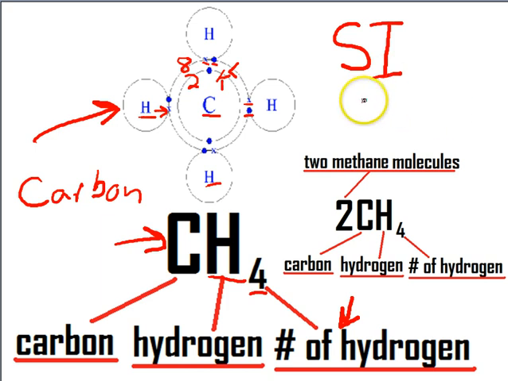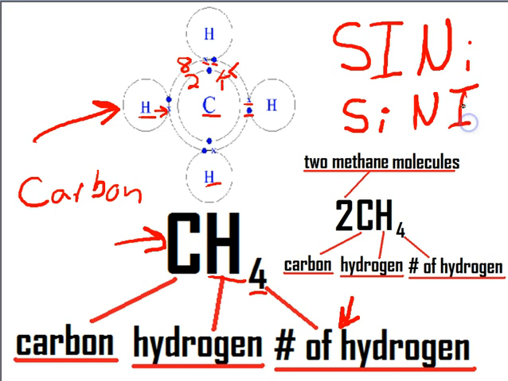Well, silicon is actually large S, small i. That's pretty important to know. Large S, large I is actually sulfur and iodine. One that's really similar to this is nickel. Nickel is Ni. But if we put large N, large I, it's nitrogen and iodine. So make sure you always have small letters for the second one.